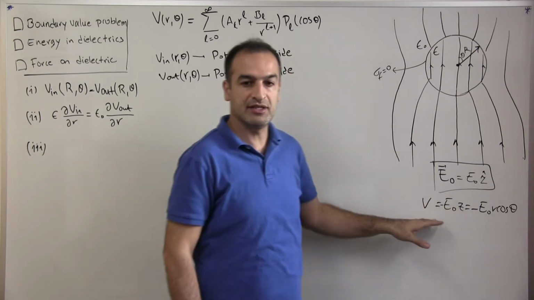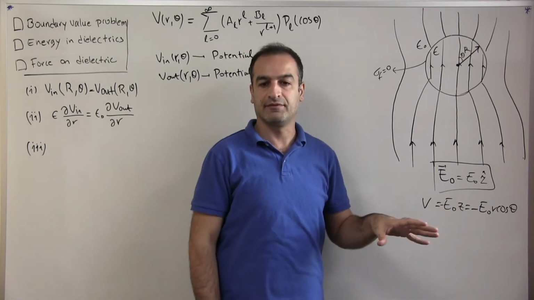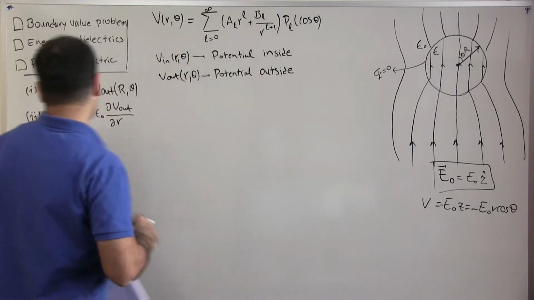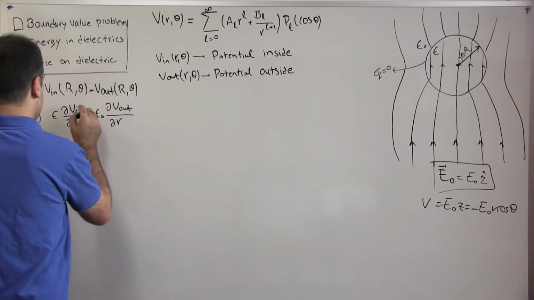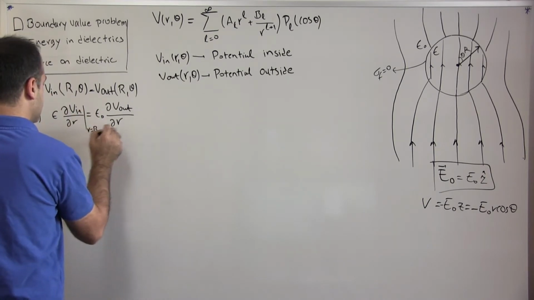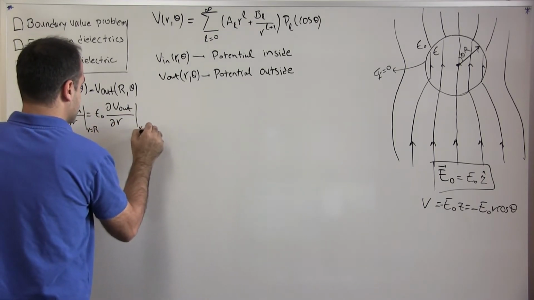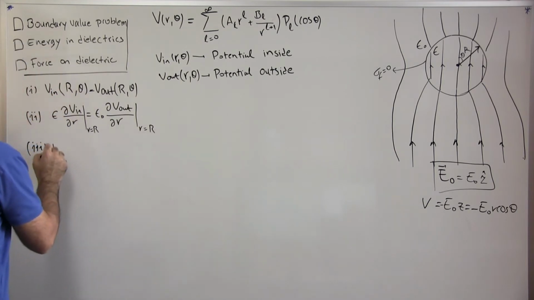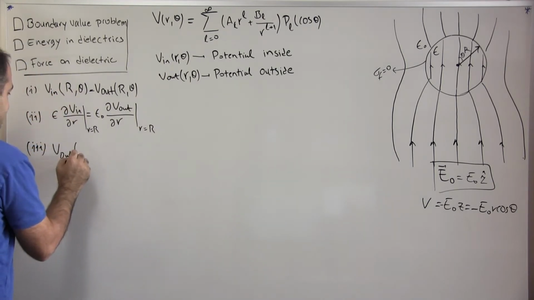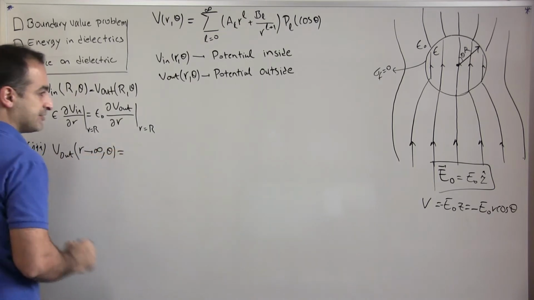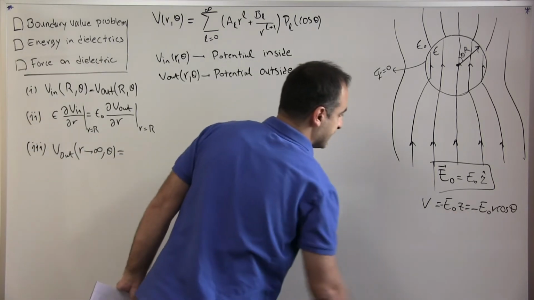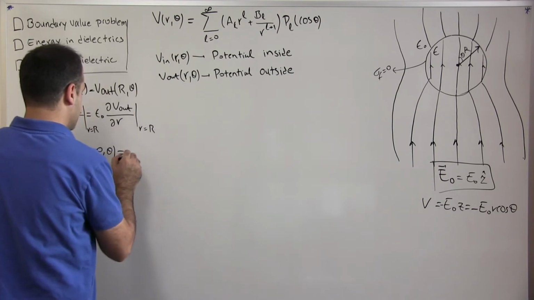This is the potential of the uniform electric field. By the way, this has to be correct at R equals capital R. And then V out at R going to infinity, and theta, should be negative E naught R cosine theta.